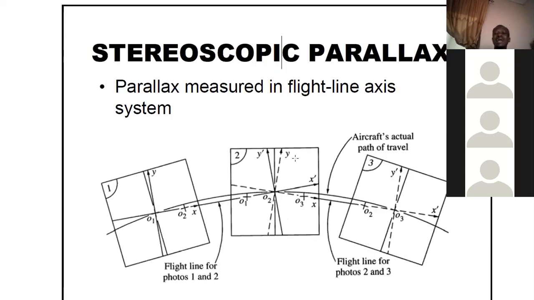Parallax measured in flight line axis system. So we need to understand that you can never measure parallax if your flight line is not really coinciding. The actual travel path for the aircraft may change.